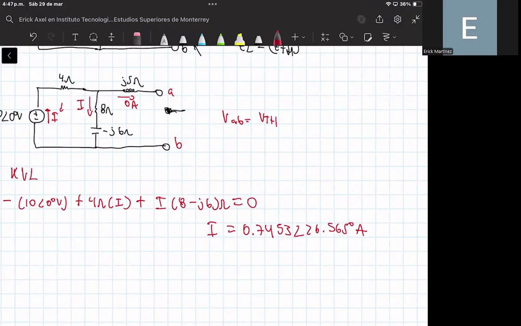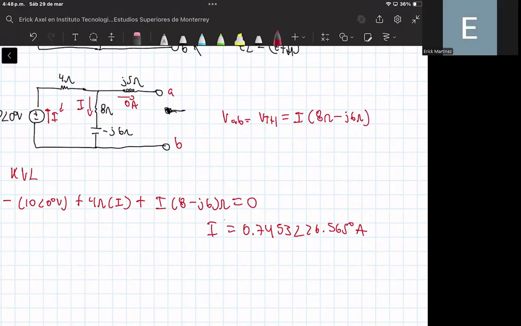So we can compute this voltage drop between terminals A and B as the current I times the impedance of the 8 ohm resistor and the capacitor, and this is the value of the voltage between terminals A and B.